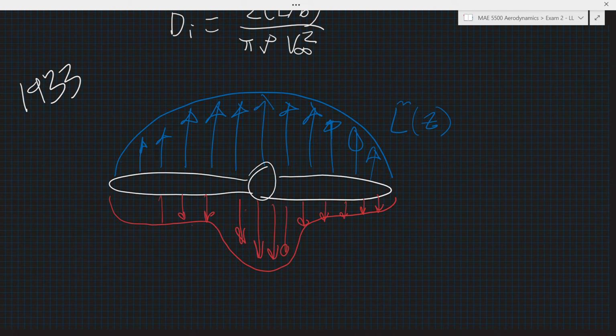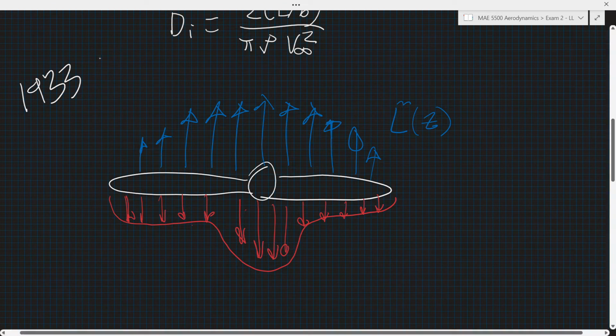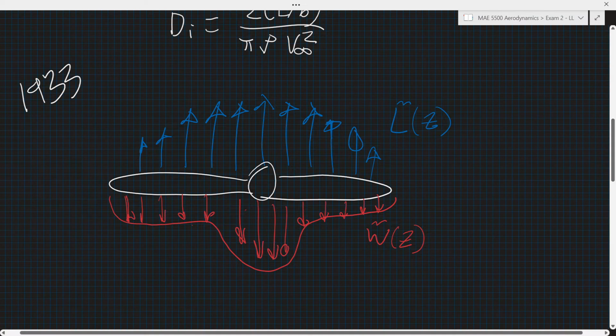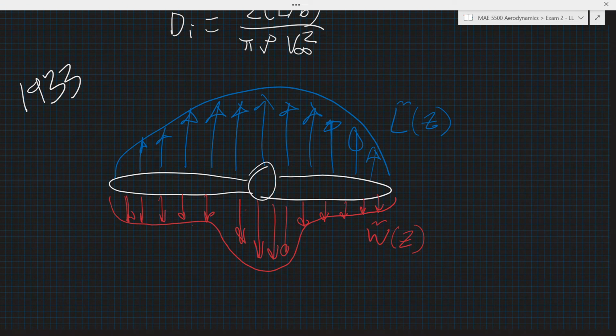And so he said, well, how do we minimize drag for that case? Mostly because, especially in higher loading maneuvers, we're going to increase... Here, I'll write that this is W tilde over z. Come on. That's not a good ellipse.